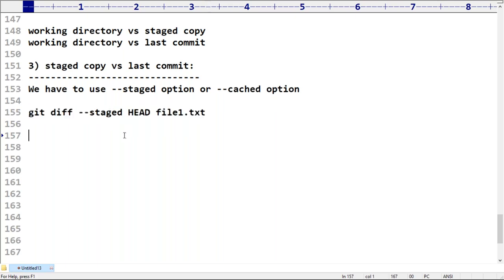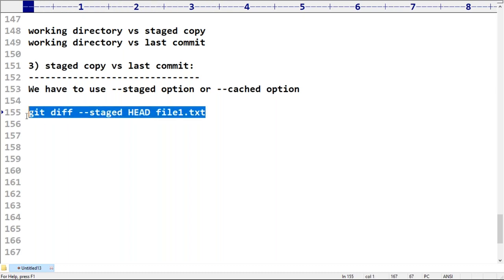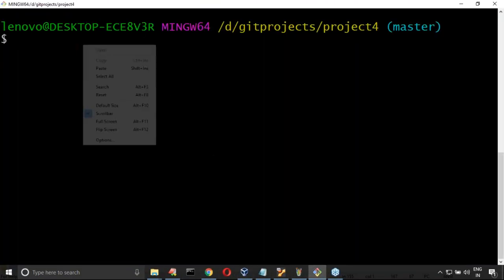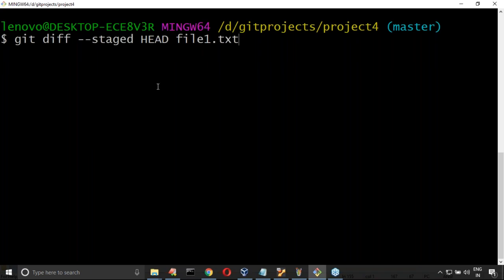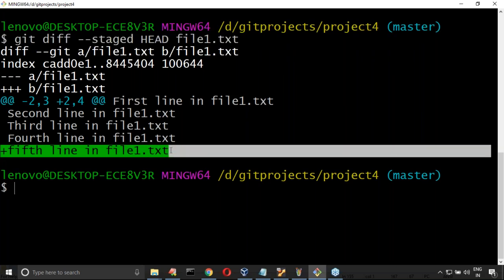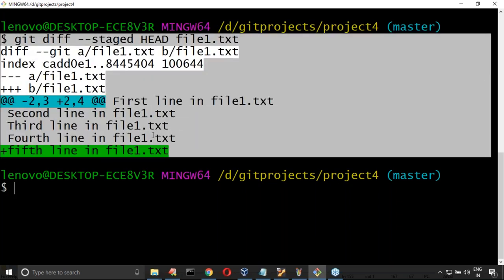If you want to compare the staged copy with the last commit, you can use this. Now have a look once at this terminology. Now observe, what is the answer we are getting, sir? In the staged copy, one line extra added.